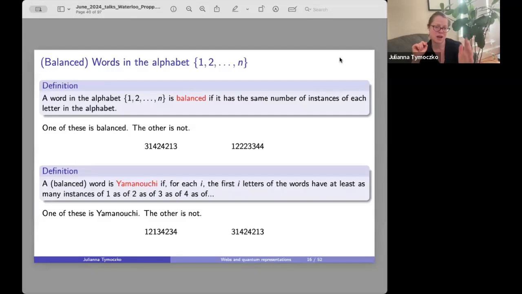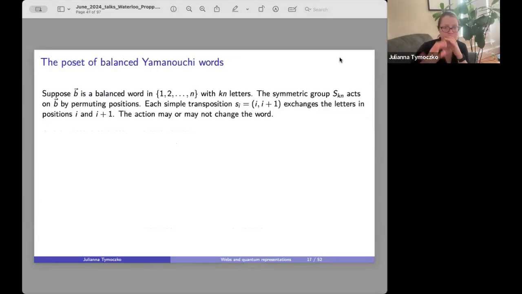Moving left to right, it definitely looks like it's working on the left, but it definitely looks like the condition fails on the right-hand side. So the first letter is a 3, and there are no 1s, no 2s. So it is not true that there are at least as many 1s before the first 3 as 2s, or 2s as 3s, and so on.